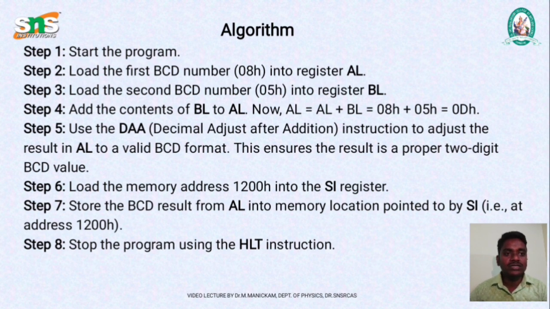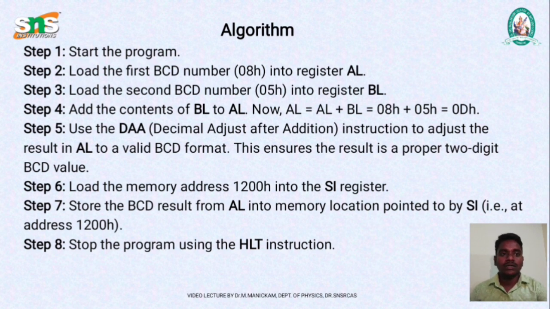This ensures the result is a proper 2-digit BCD value. Next, load the memory address 1200 into the SI register. Then step 7, store the BCD result from the AL register into the memory location pointed by the SI register, here 1200 as the address. The last step is to stop the program using the HLT instruction.